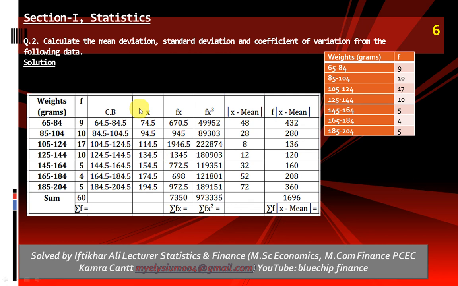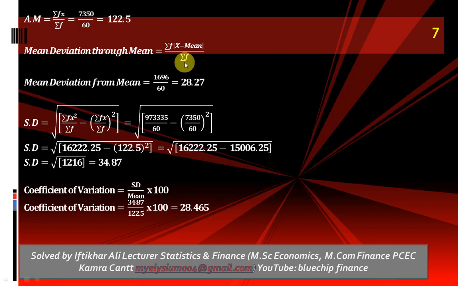Now the next important thing is the formula. What is the formula for mean deviation, standard deviation and coefficient of variation? The formula for mean deviation is sum of f times the absolute value of x minus mean, divided by sum of f, as you are seeing here.